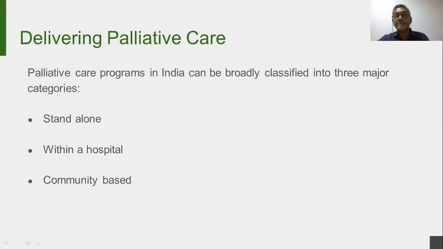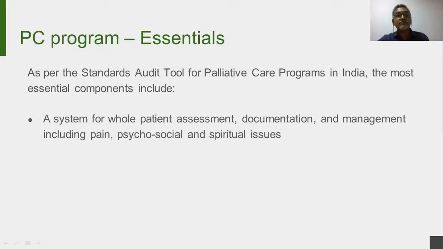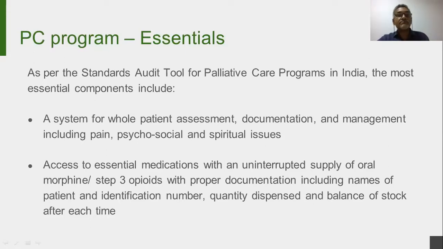Next. So these are things that you can find on the net. There are standard audit tools and all those things. Now, why I'm not going deep into these things is because you can read up on them and understand what the basic things are. And I'm sure you must have covered most of these things in your earlier sessions also.